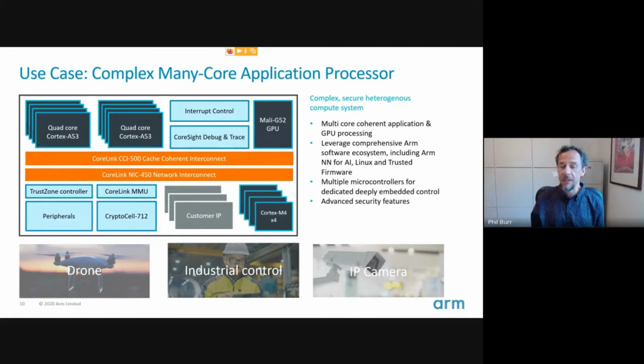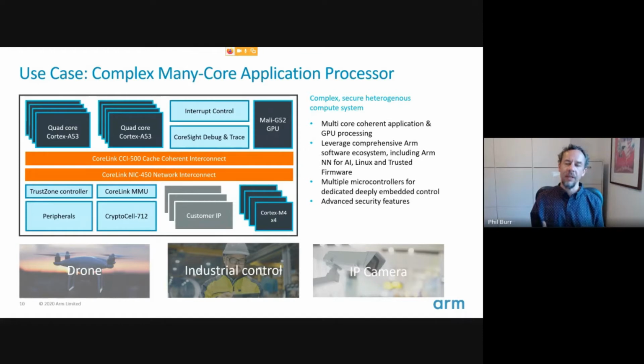Cryptocell is security IP technology that does the security algorithms and secure storage and so on. And these could be used in things like drones, in industrial control, in IP cameras, in smart edge devices. So it could be using machine learning.